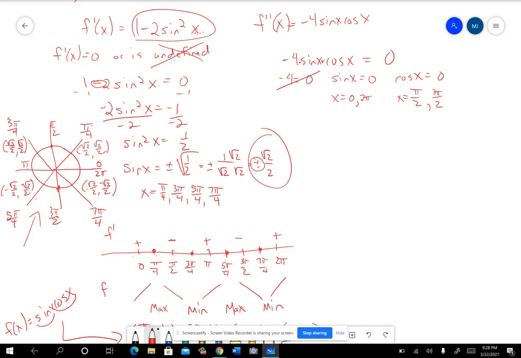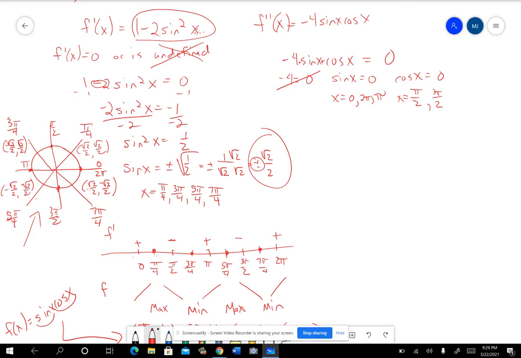Okay. Now, let me think about that. Sine x would also equal 0 at pi, right? Because you'd be over here, it would equal 0 as well. Okay, so there and there. So 0, 2 pi, and pi. And we're graphing it on the interval from 0 to 2 pi, so we want to include both of those.